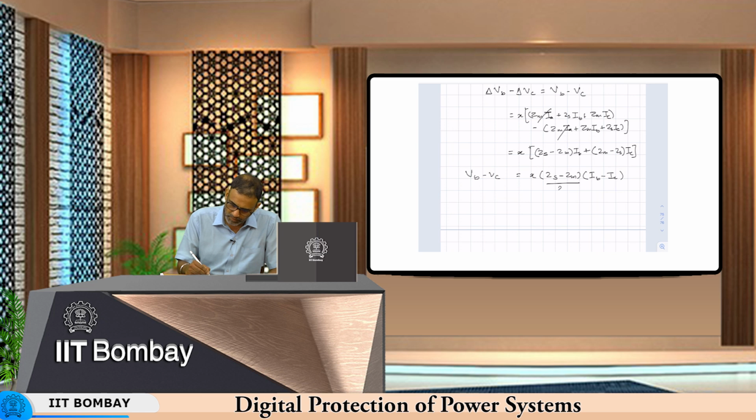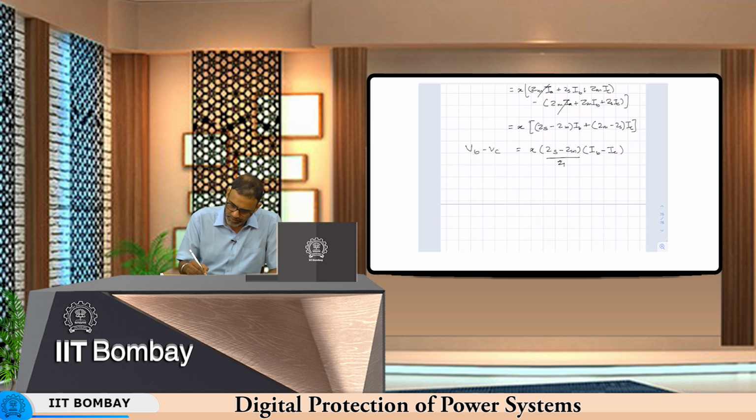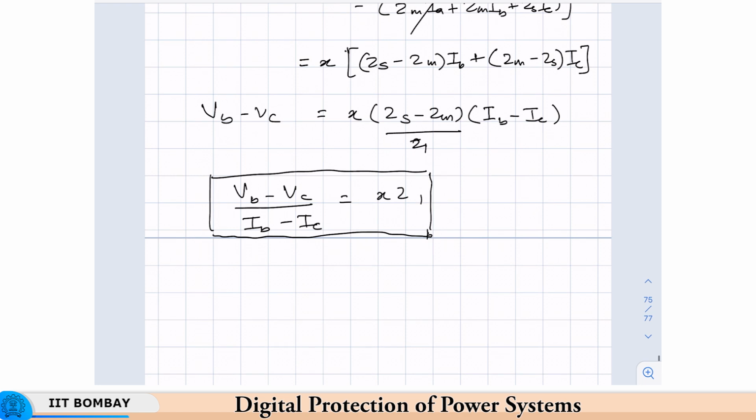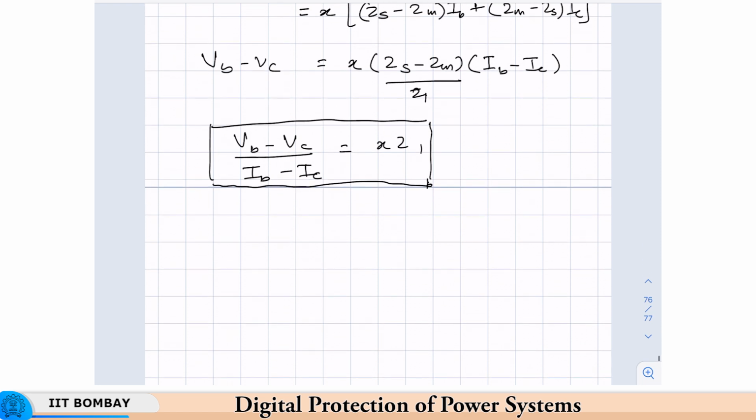Similarly, for the other two phases, we'll have VA minus VB upon IA minus IB is equal to XZ1 and VC minus VA upon IC minus IA is equal to XZ1. Okay, so this will detect a B to C fault, this will detect a A to B fault, and this will detect a C to A fault.